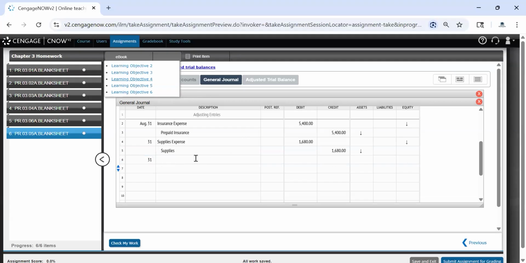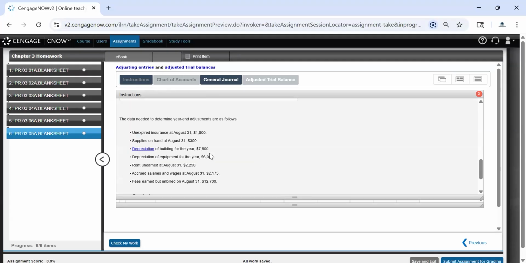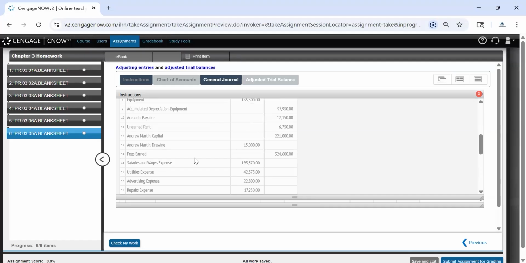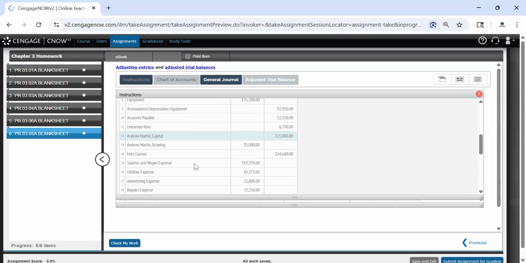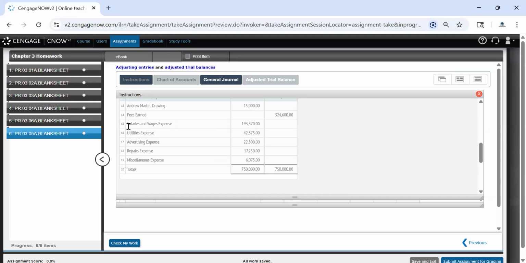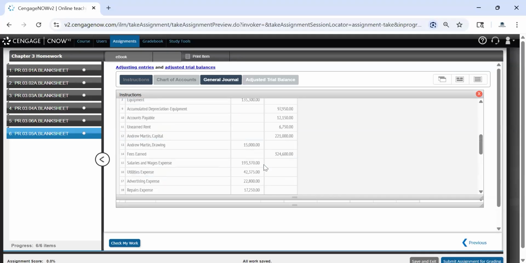The next journal entry is depreciation of the building for the year is 7,500. Currently, we don't have any depreciation expense accrued, and we can see in our expense section there's no depreciation yet.